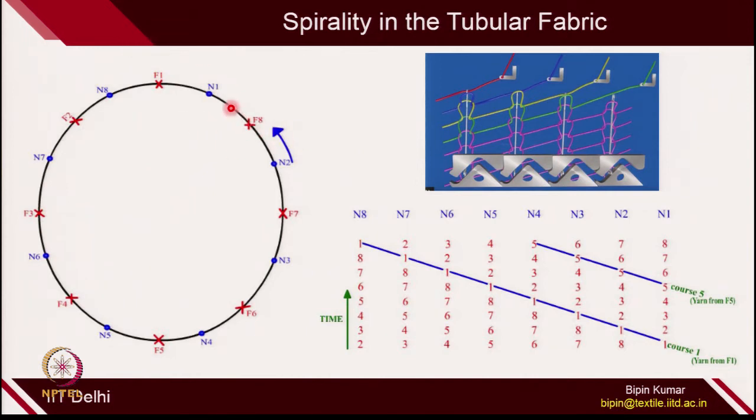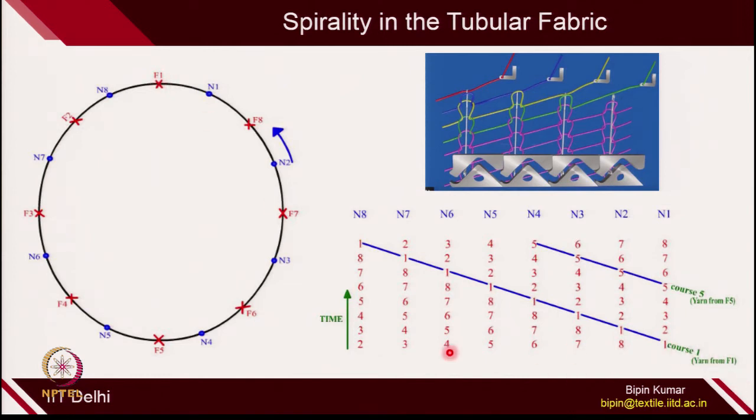So, here let us suppose if you see this cylinder and there are N1 to N8 needles. So, there are 8 needles and there are 8 feeders, feeder number 1, 2 and so on. At a particular moment, if the cylinder is rotating in anti-clockwise direction, N1 will first make loop with feeder number 1.